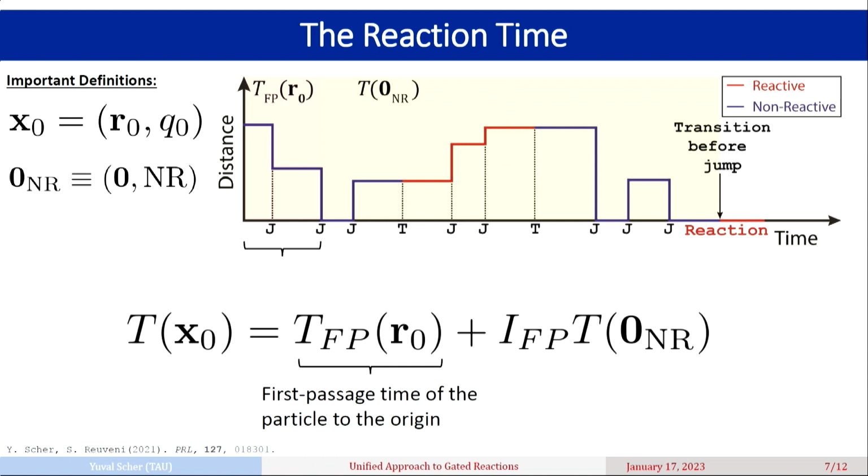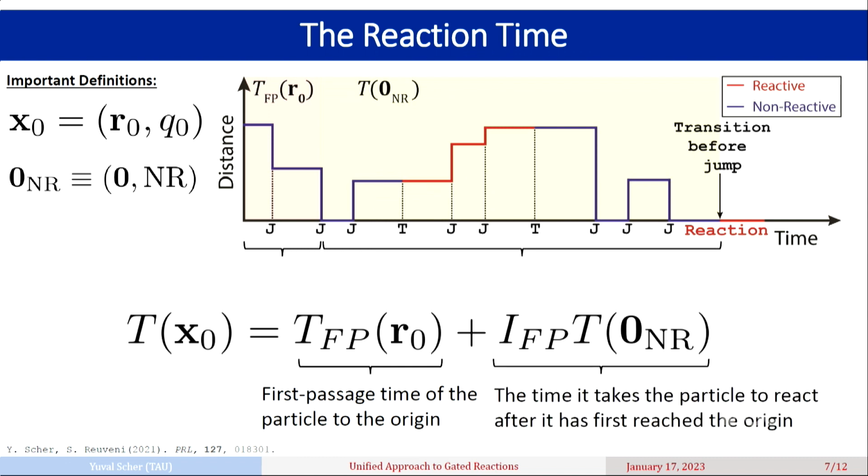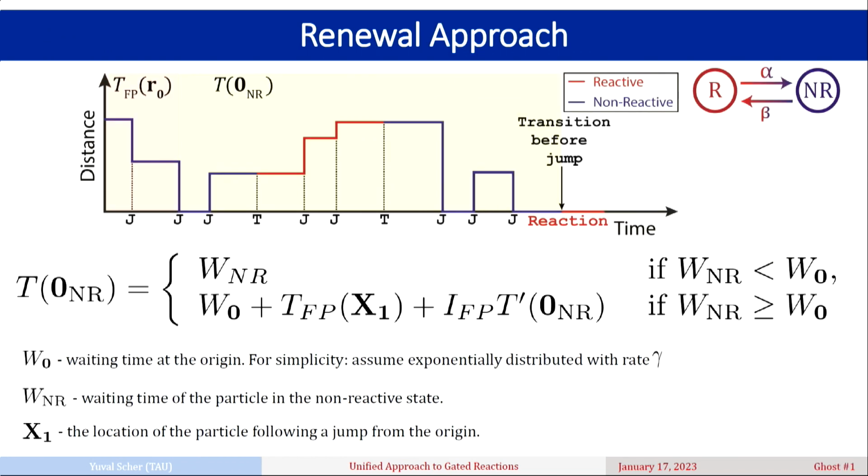So while this is a classical quantity that we know how to compute, this random variable is actually a little bit more tricky. And the way we compute it is we identify again that this is actually a renewal moment. So I will write the renewal equation, but since it's a short talk, I don't think I have enough time to talk about it in detail.